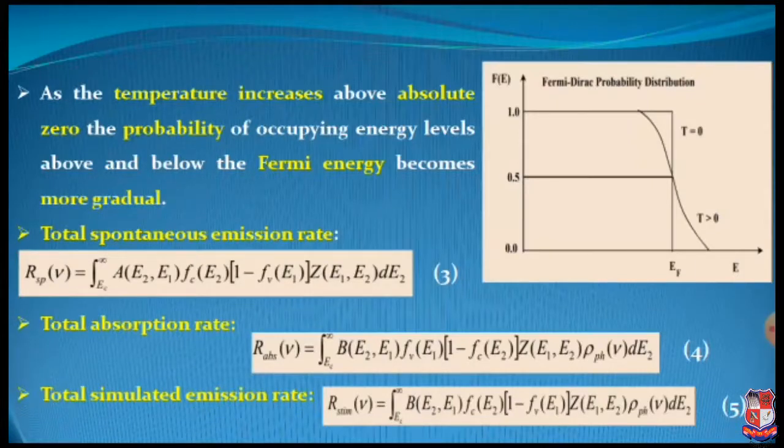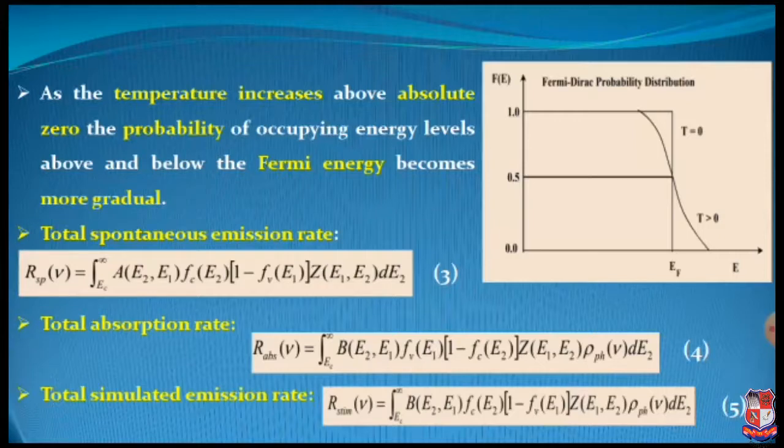As the temperature increases above absolute zero, the probability of occupying energy levels above and below the Fermi energy becomes more gradual, which can be easily seen from the Fermi function versus energy diagram. As you can see, at absolute zero temperature and at a temperature greater than absolute zero.